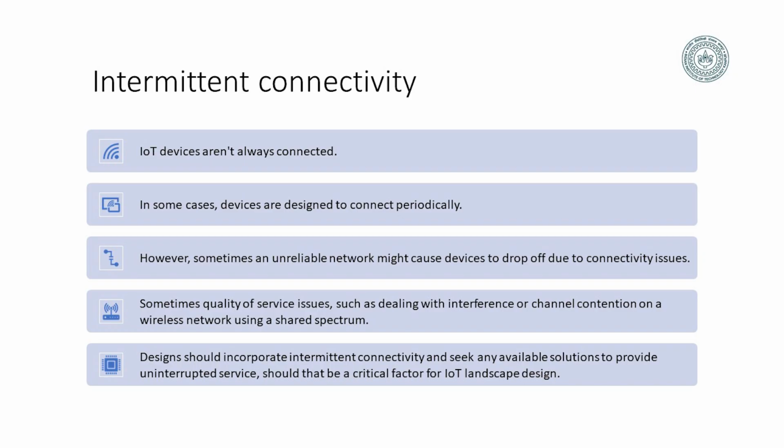Maybe there are many devices on that wireless network, so that can cause quality of service issues. So, your designs should incorporate intermittent connectivity, and they should seek any available solutions to provide uninterrupted service should that become a critical factor for your IoT landscape design. Think about whether you need continuous connectivity or intermittent connectivity, and based on that you can decide how you can ensure quality of service and how you can prevent connectivity issues.